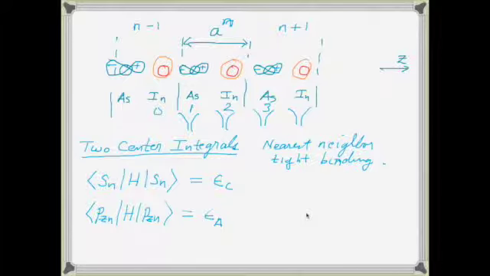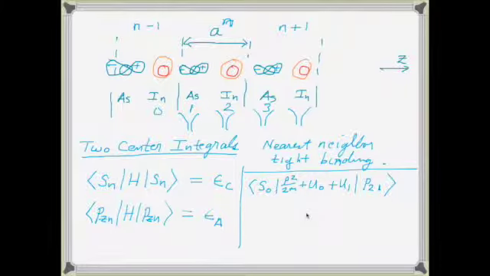I need to keep my picture here so I won't get confused. So I'm looking at S_0, our usual p squared over 2m plus U_0 plus U_1, the potential due to atom 0 plus the potential due to atom 1, P_z1. This is our usual nearest neighbor tight binding model, our two-center integral. So that's the matrix element between atom 0 and atom 1.